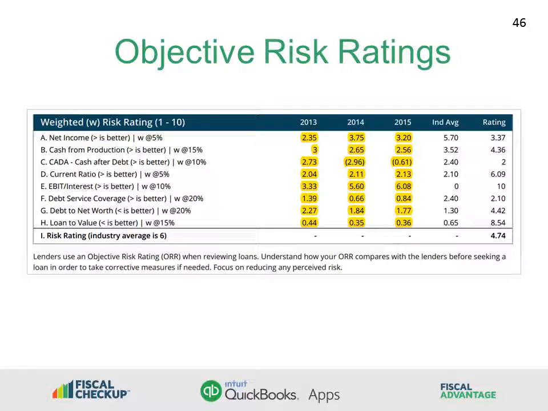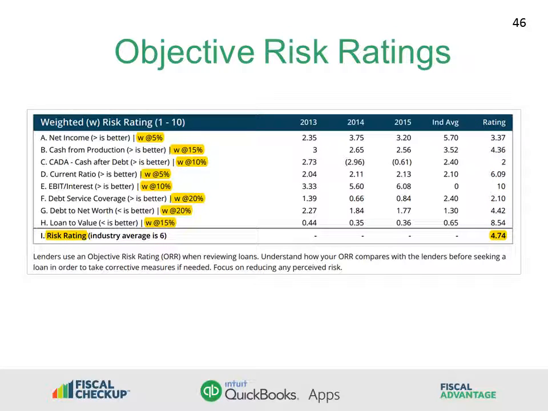The table shows data for the company for the past 3 years and data for the industry for the most recent year. Comparing the values, the software calculates a rating for each ratio. If the company was exactly operating as the industry was, it would receive a rating of 6. The minimum rating is 1, the maximum rating is 10.